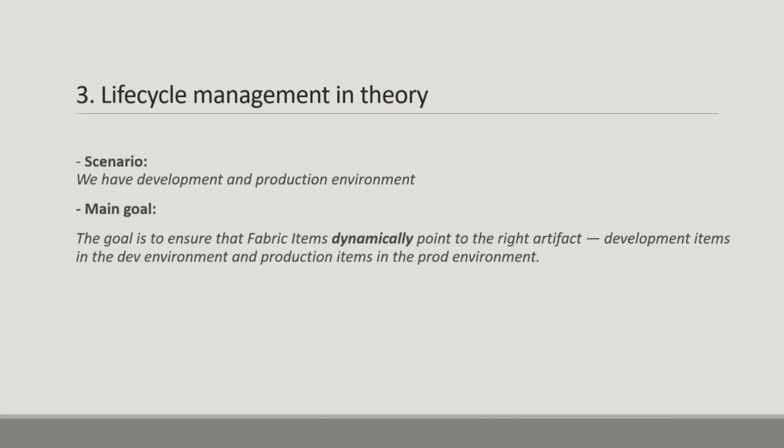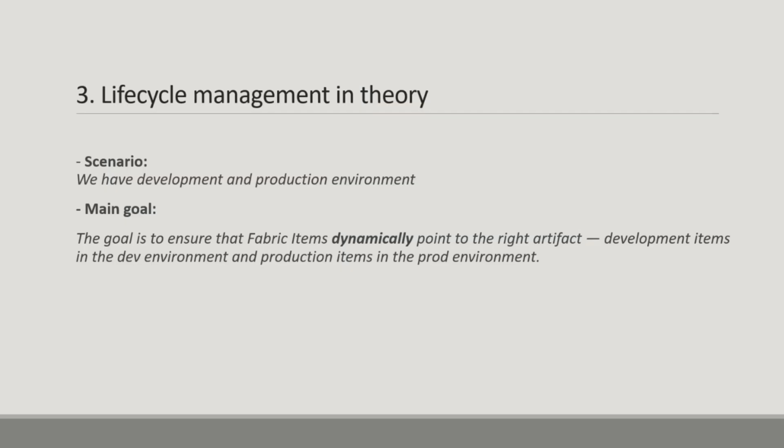So basically, challenges arise when changes in the development workspace are approved via a pull request. That's what we did earlier, and they need to be deployed to production. So, for example, Power BI reports in the development environment should point to a development lakehouse, but in a production environment, they should point to a production lakehouse.